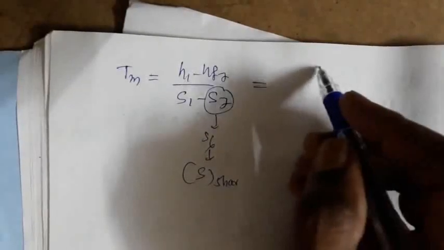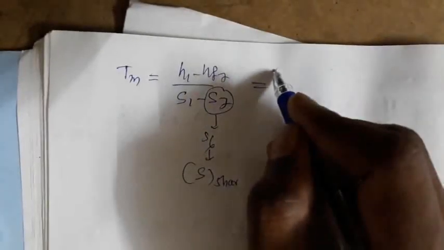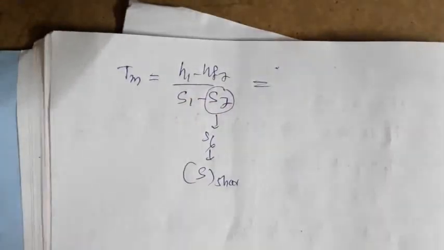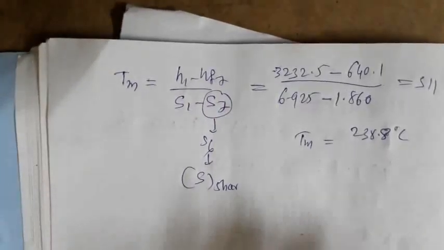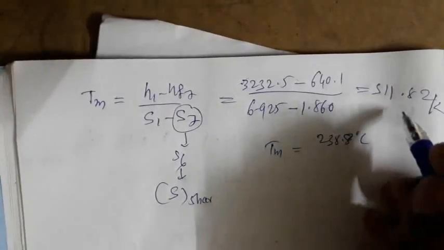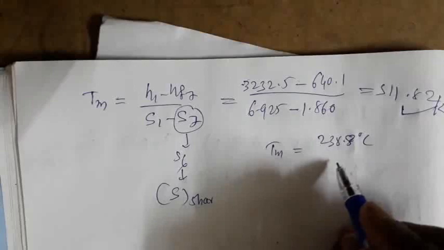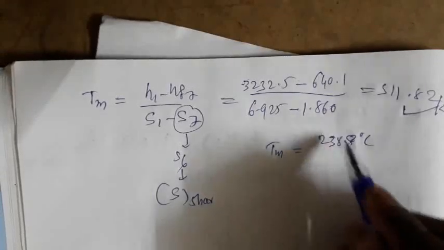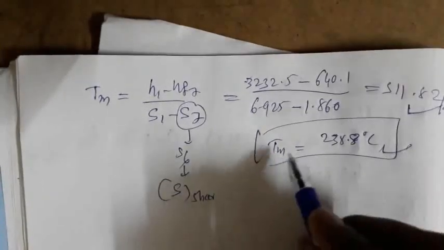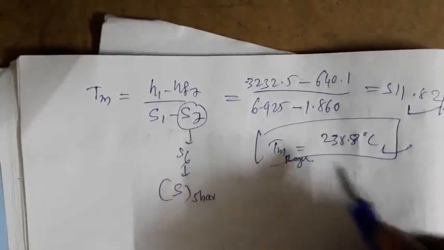Let's substitute the values, H1 minus HF7. If we substitute, we get the mean temperature as 511.82 Kelvin, and in degrees Celsius 238.8 degrees Celsius for the regeneration cycle.